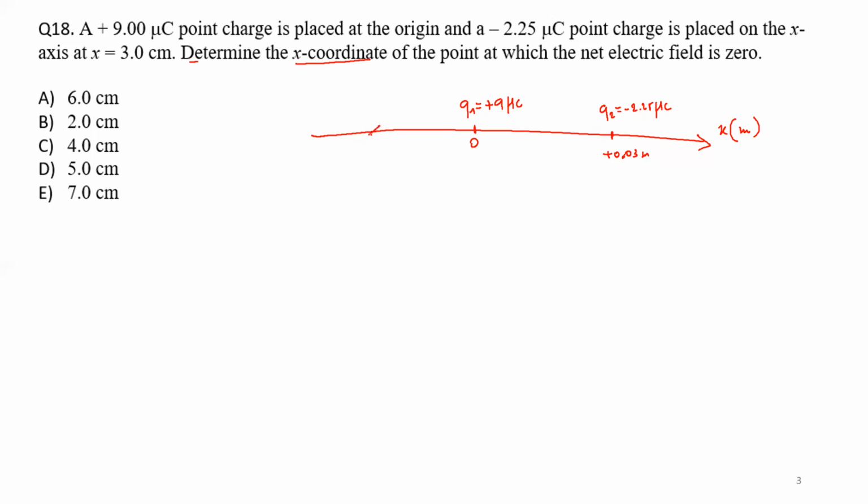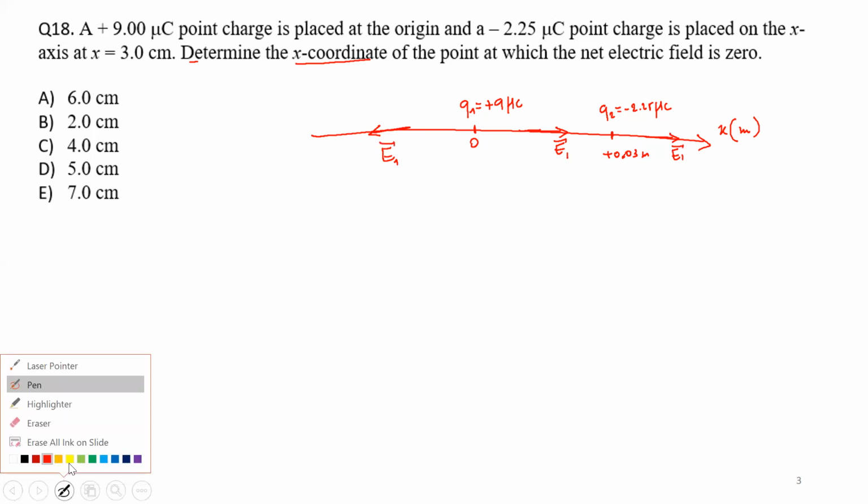If I'm in this part of my x-axis, E1 is pointing along the negative x direction. If I'm here, of course, it's pointing away. So E1 should point in this direction, and here also, E1 should point in this direction. And all of them are vectors, by the way.